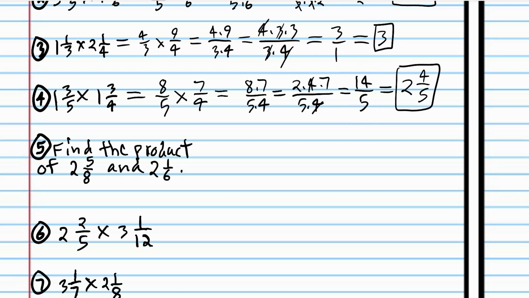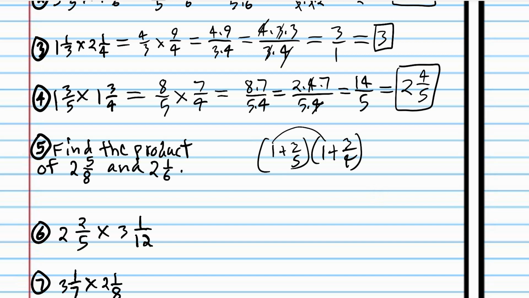And again, it seems like we're going backwards because we take mixed numbers and change them to improper fractions, then we take improper fractions and go back to mixed numbers. So it seems like we're going forward and then backwards, but it just makes it easy for us to find the product. 1 3/5 times 1 3/4, that would be really hard to multiply.